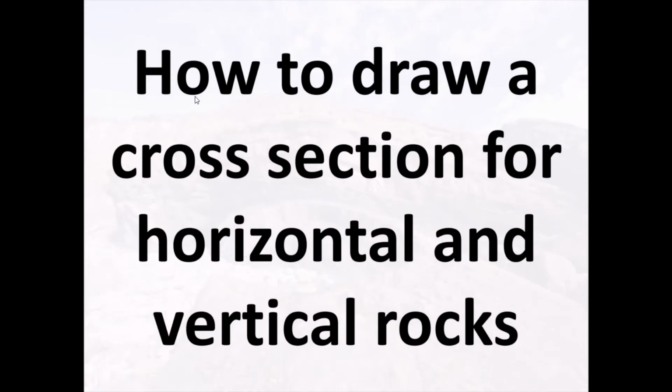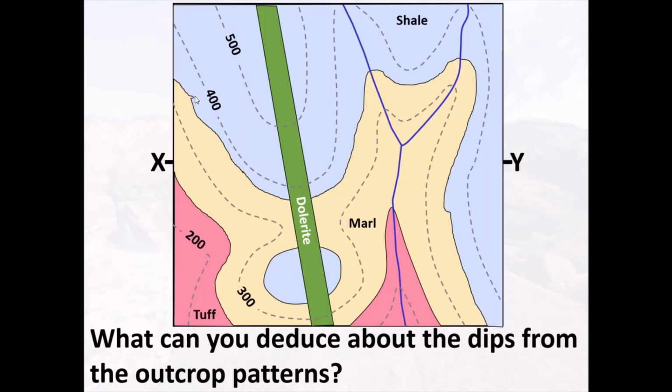Okay, so now we're going to go through the process of drawing a cross section which contains horizontal and vertically oriented rocks. So last week we saw how to build a hill profile, and this week we're going to see how we can add to that profile some horizontal and vertically oriented rocks. Okay, so this is our example map.